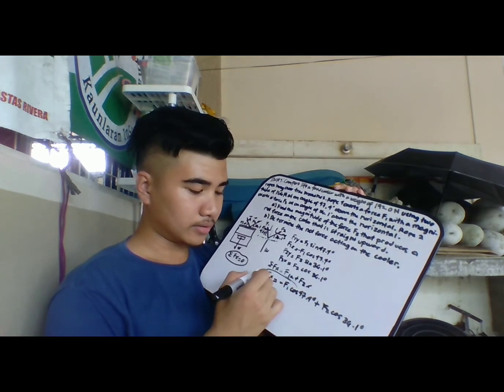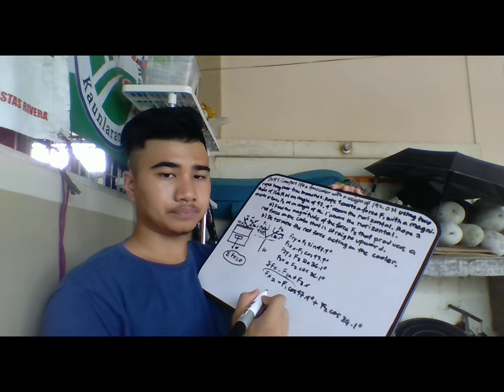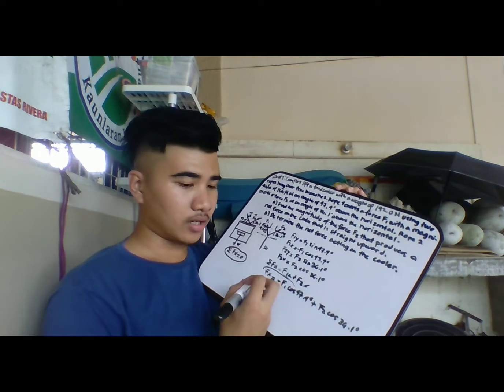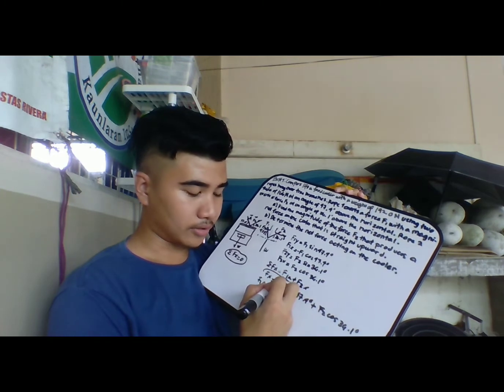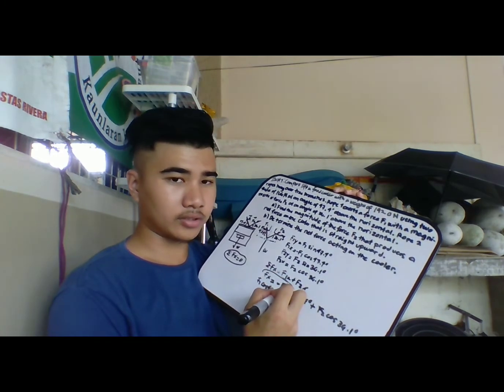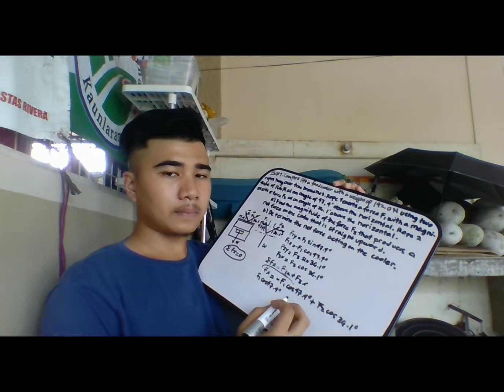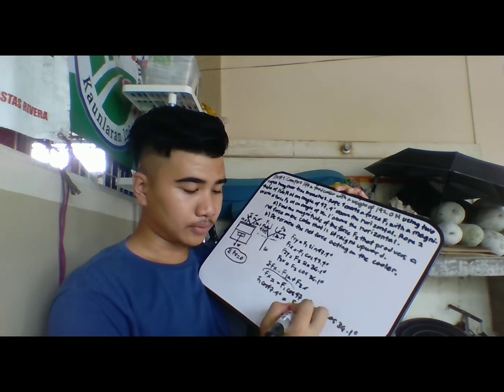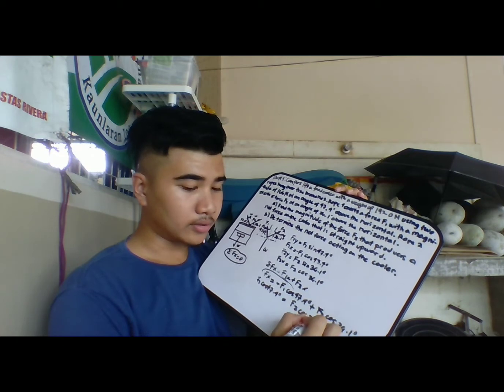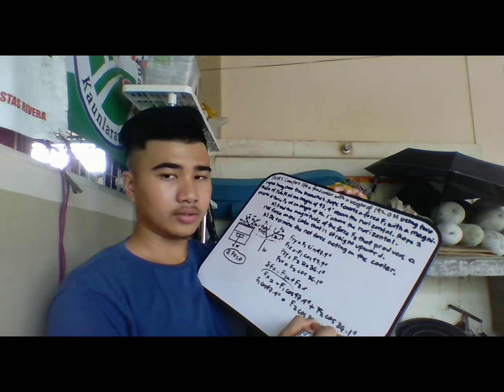This is positive. F1 cosine 47.4 degrees equals F2 cosine 36.1 degrees.